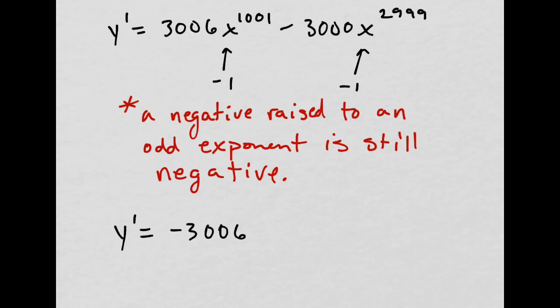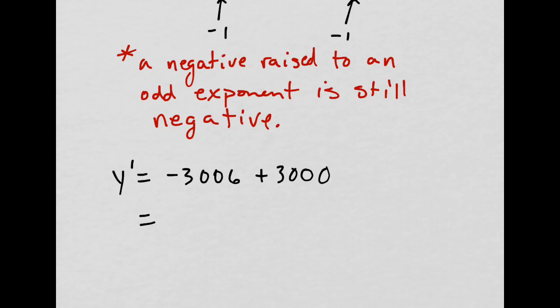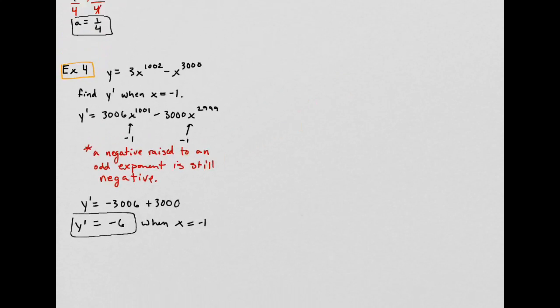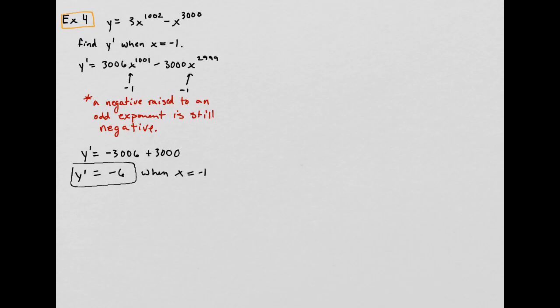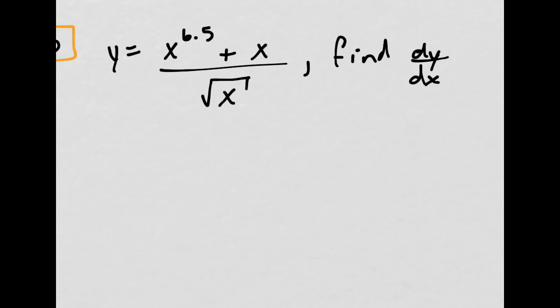And then this is also negative 1, so I'm adding 3,000, right? Negative 1 times a negative 3,000 is positive 3,000, and I get y prime is negative 6 when x equals negative 1. Isn't that nice? It's not that hard. That's pretty good.